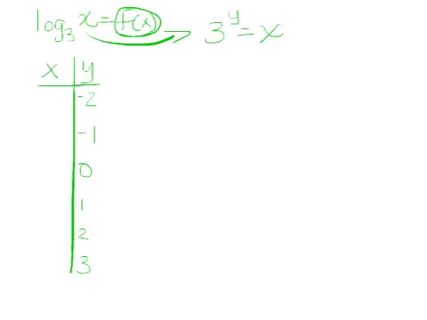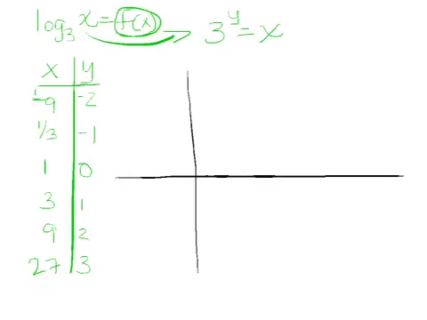So 3 to the -2 is 1/9. 3 to the -1 is 1/3. 3 to the 0 is 1. 3 to the 1 is 3. 3 squared is 9. 3 cubed is 27. So when you go to graph that, we know the points are (1/9, -2), (1/3, -1), (1, 0), (3, 1), (9, 2), (27, 3).